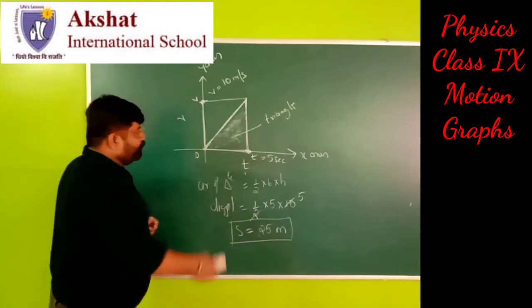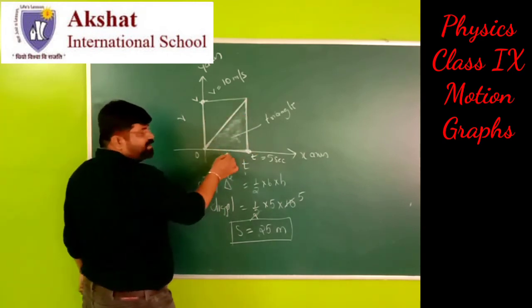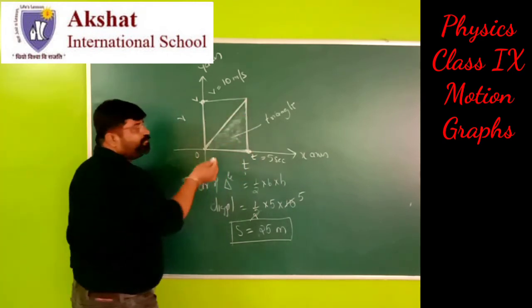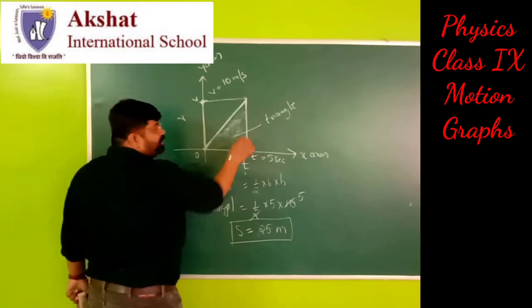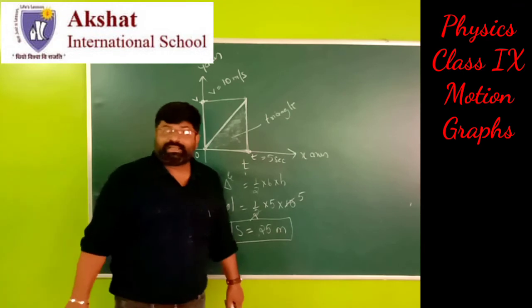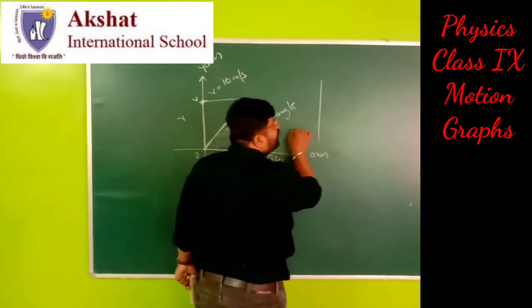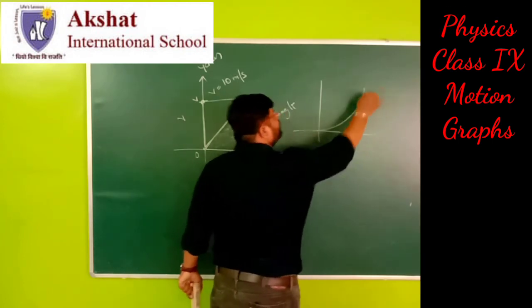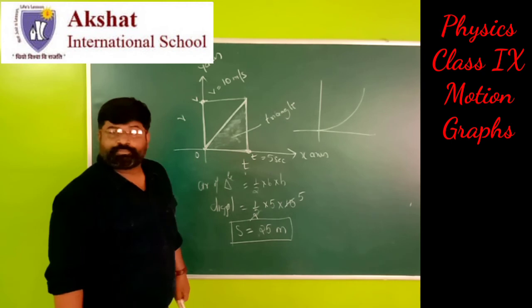Now sometimes it is asked, sir, we have only two areas, because we have two graphs: here it is a triangle and in the previous diagram it was a rectangle. How can we find the area if the object is moving with non-uniform acceleration?